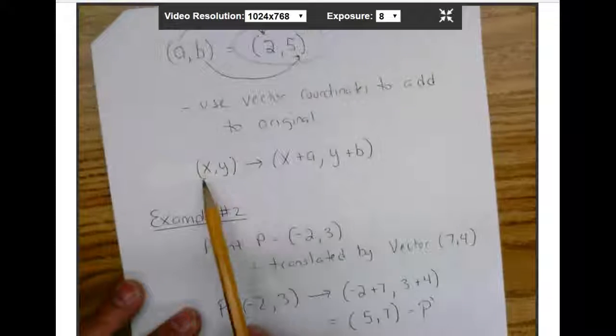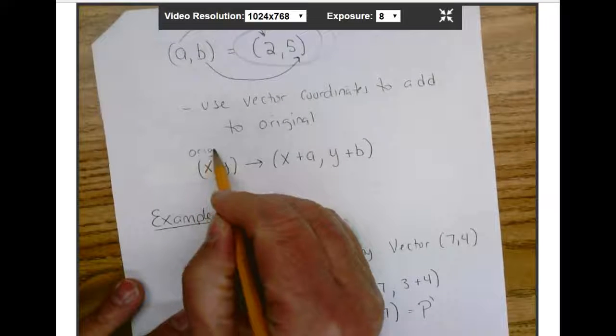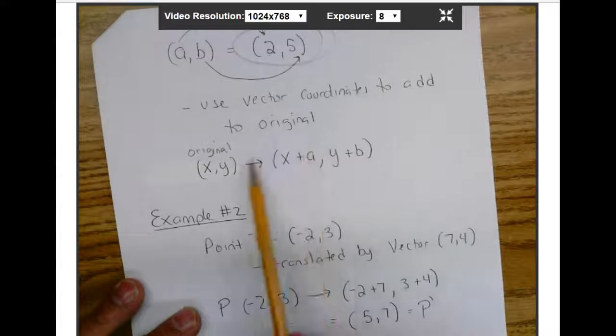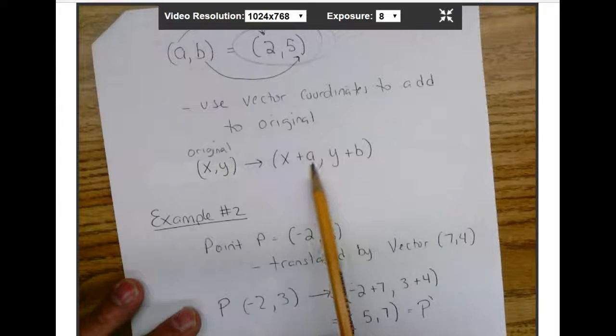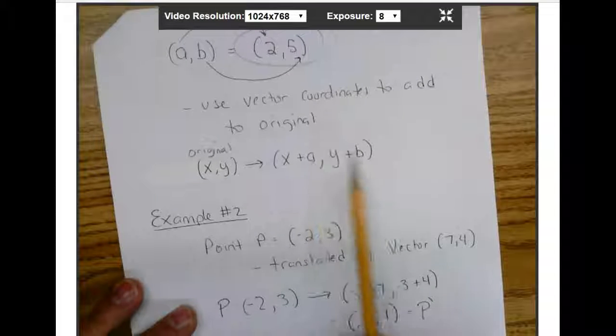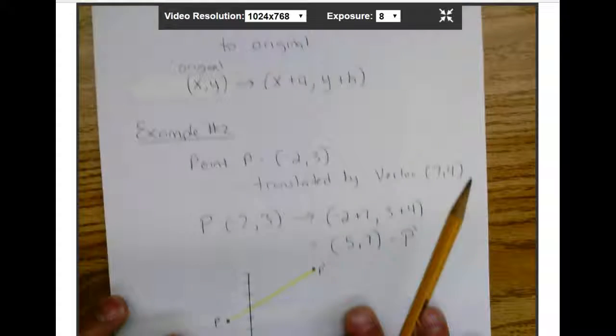A good way to look at this is you have these original points, these are the originals, and then the vector coordinates are A and B, or they could be numbers, we could put them in there. So we'd have x plus A, that gives us a new coordinate, and then y plus B, that gives us the other new coordinate. So let's look at an example of this.